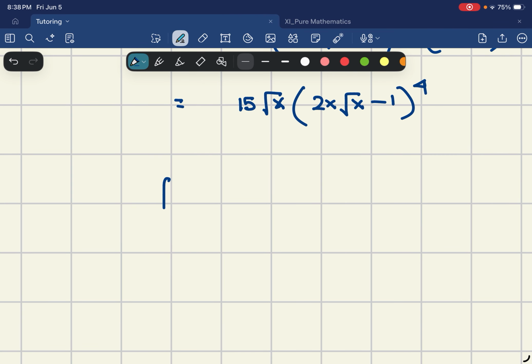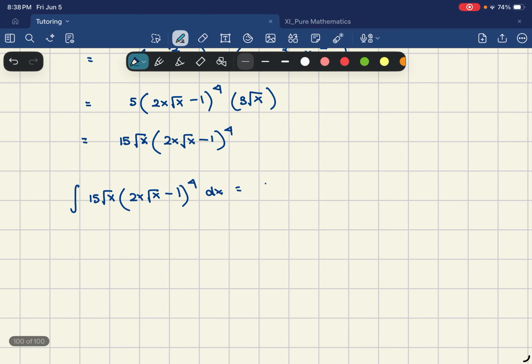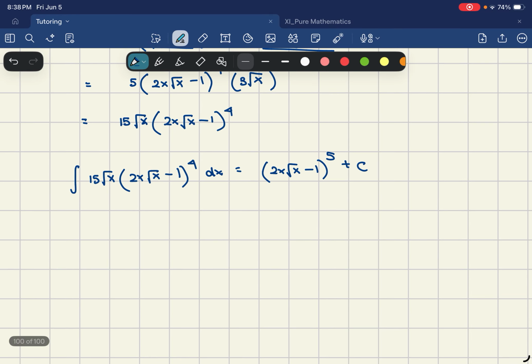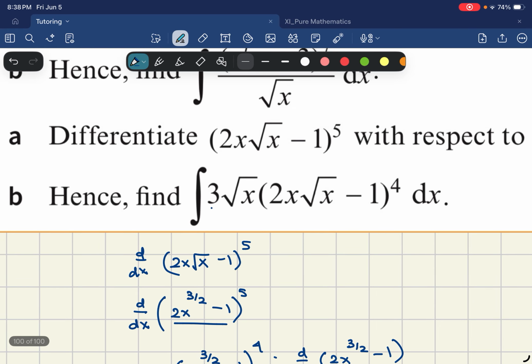And you know that if you integrate 15 square root of x times (2x square root of x minus 1) to the power 4 with respect to dx, you are going to get the function that you started with, which was (2x square root of x minus 1) to the power 5 plus c. All right, and what is the question asking us? Well, there's just 3 here.